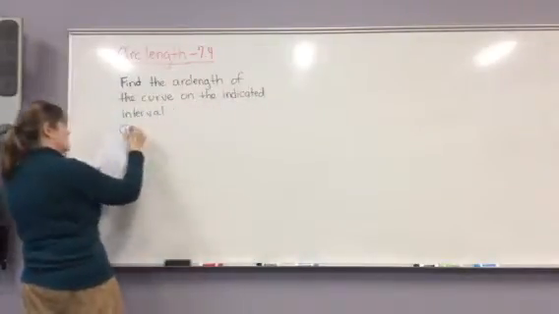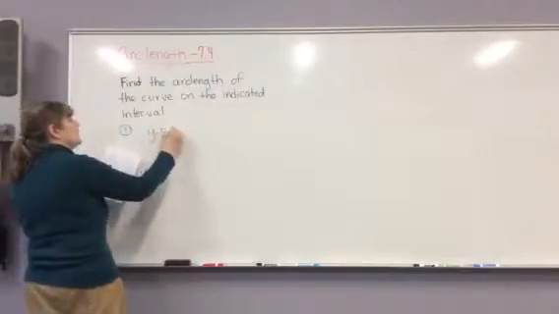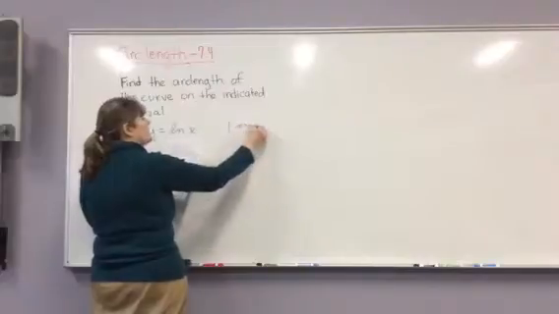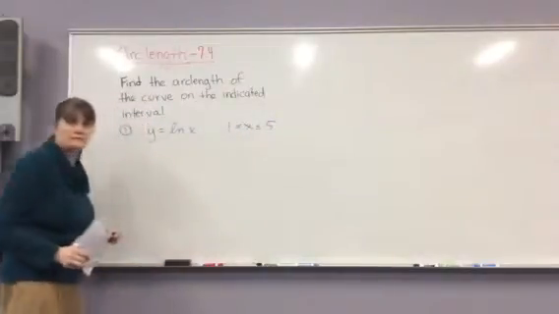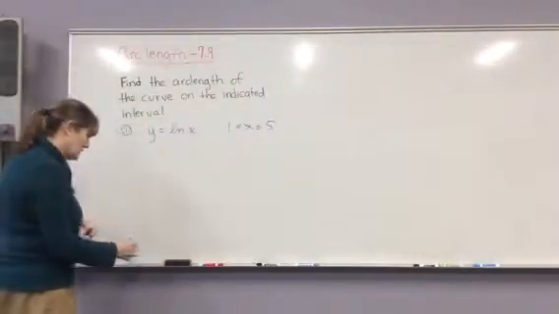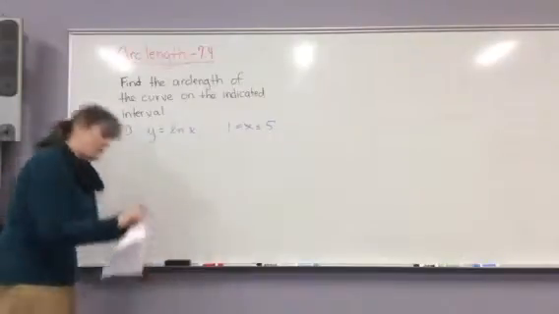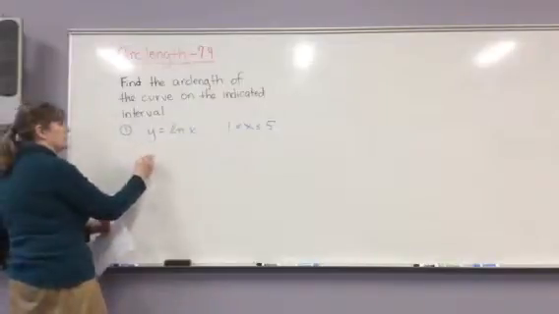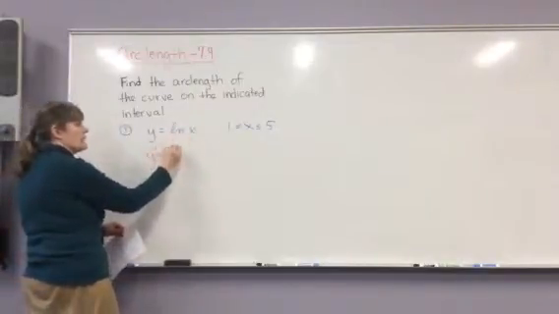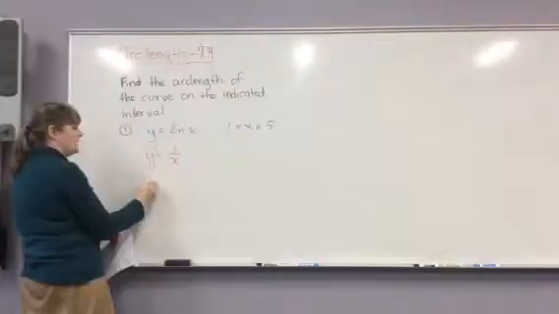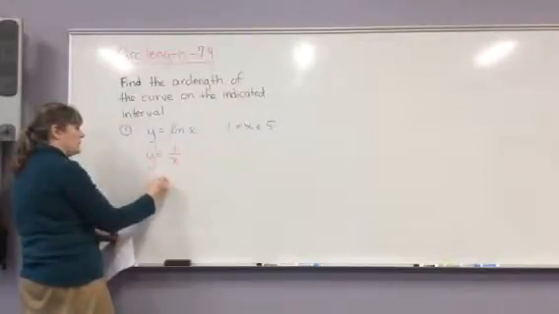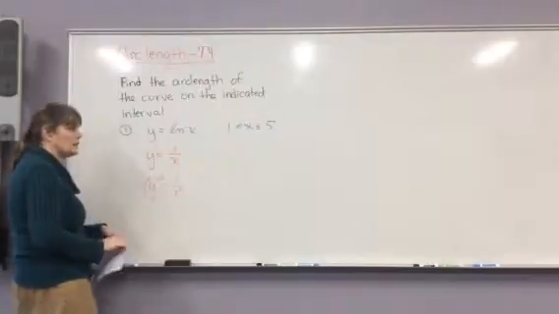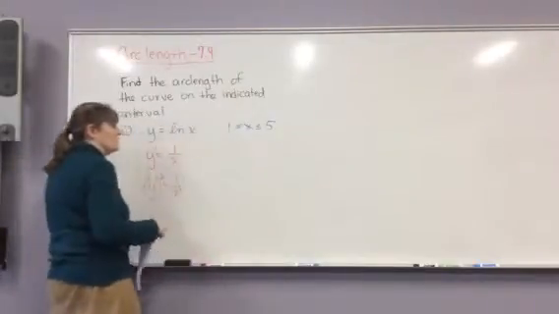Let's suppose y equals the ln of x, and we want to check it on the interval from 1 to 5. So again, the first step is to take the derivative. The derivative of natural log of x is 1 over x. And then I'm going to square that. That's 1 over x squared. Now we'll plug it into our formula.